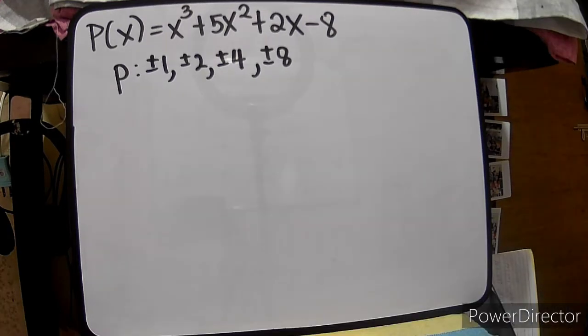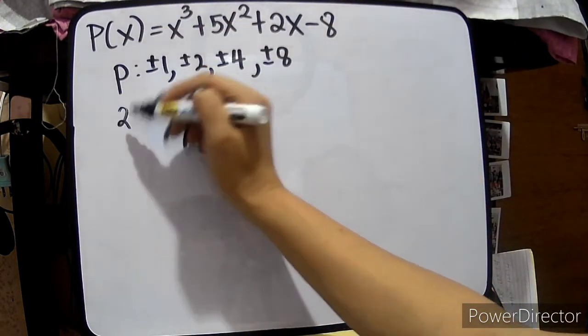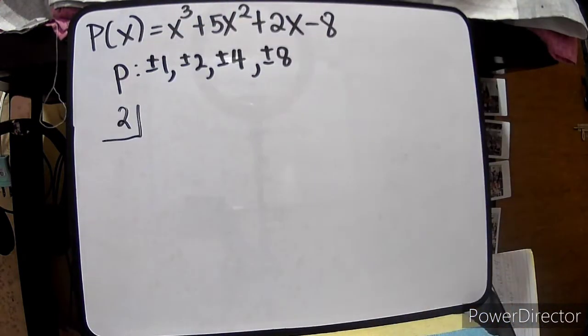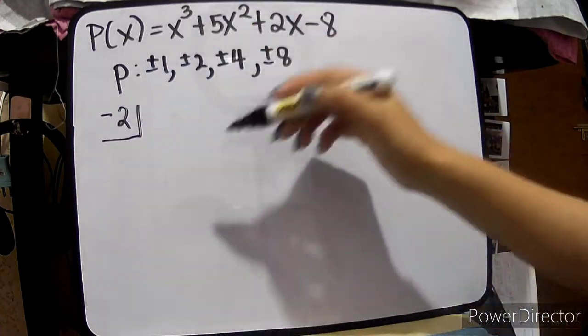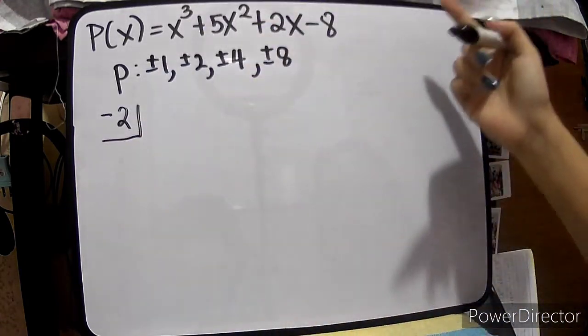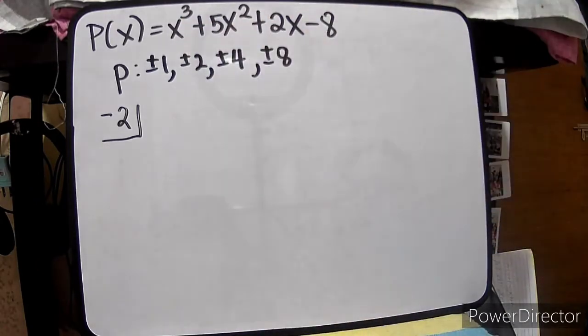So, I will be using negative 2 na lang kasi yan, gusto ko lang yung negative 2. And then, sa synthetic division, again, kailangan kompleto yung degree. Pag may kulang para dun sa degree na yun, we will put 0.